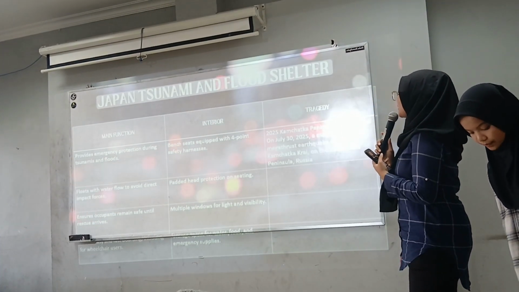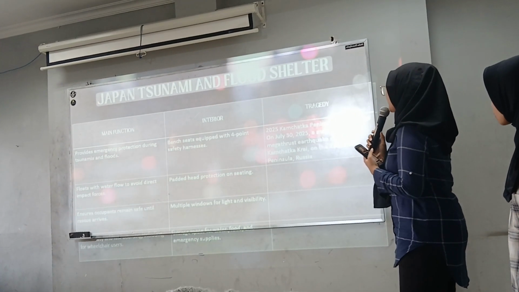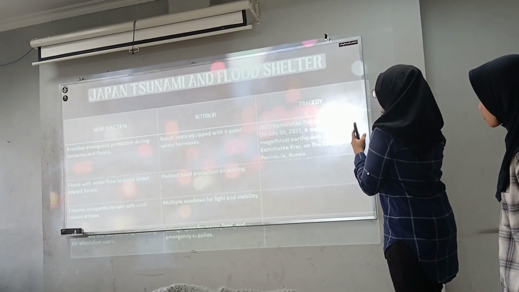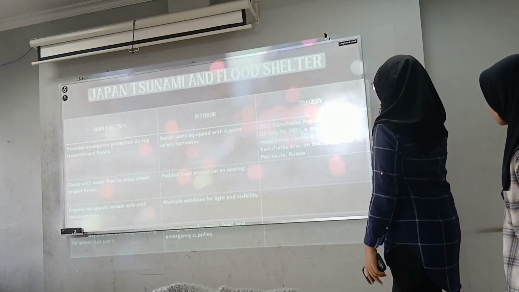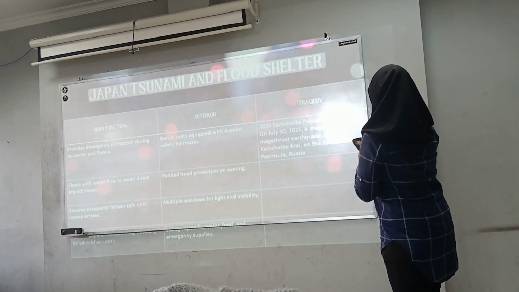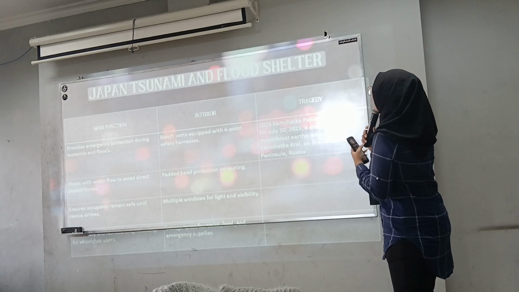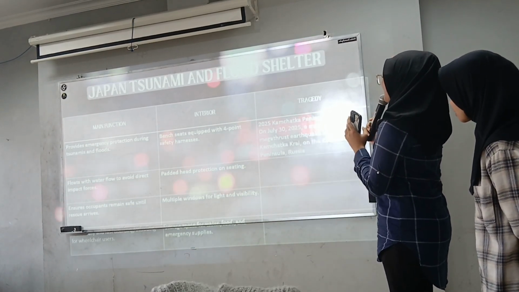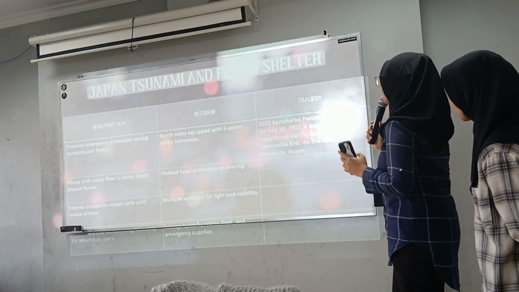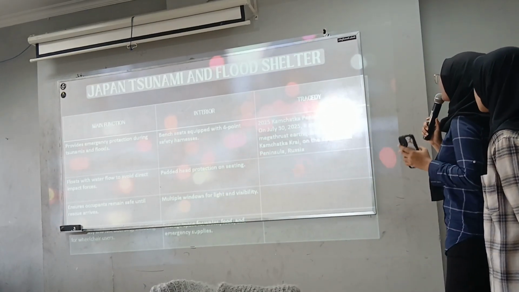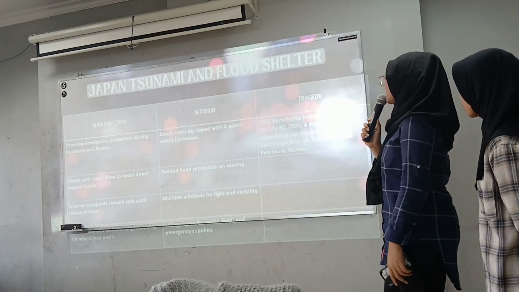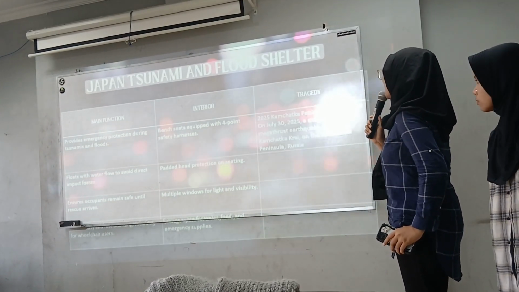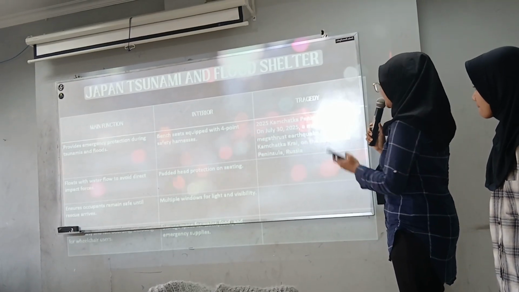And the tragedy or incident in 2025: the Kamchatka Peninsula earthquake on July 30, 2025, a magnitude 8.8 megathrust earthquake struck Kamchatka Krai on the Kamchatka Peninsula, Russia.